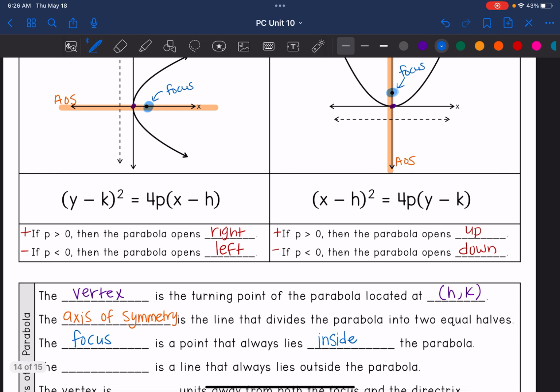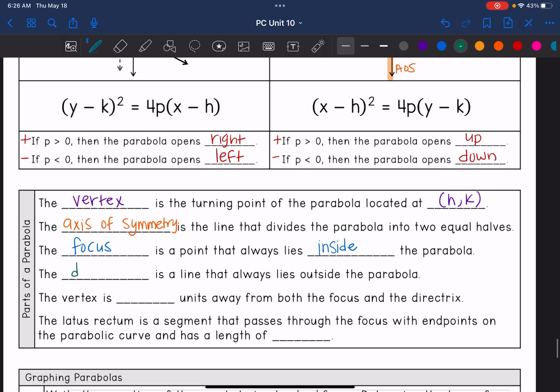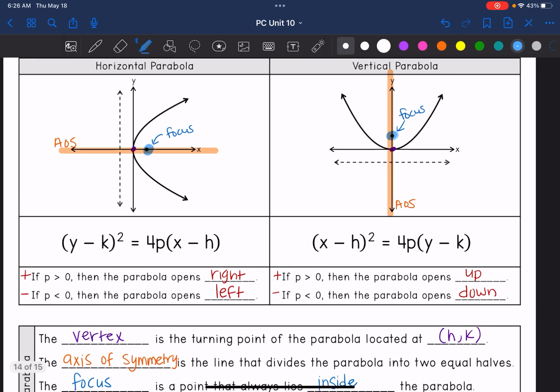Okay, the other kind of random dotted line that's just out there is called the directrix. And that line is always going to lie outside of the parabola. So if you look at those pictures here, that dotted line, that is the directrix. So it's always going to be perpendicular to your axis of symmetry.